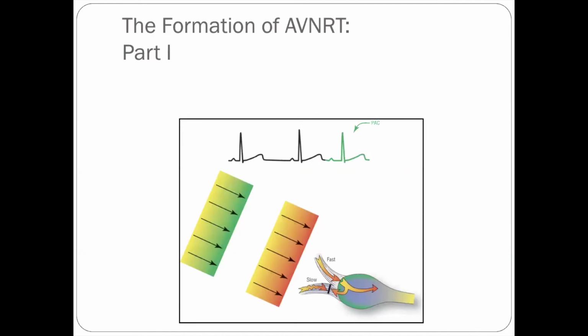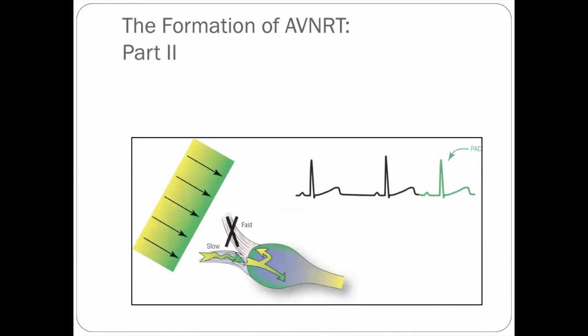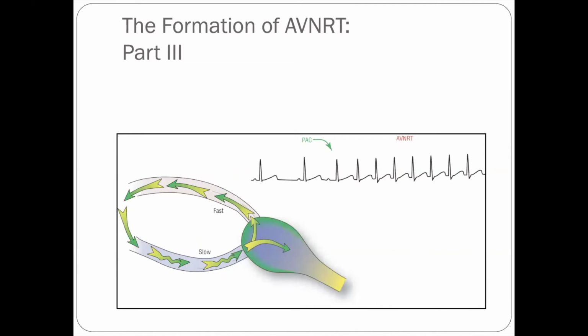Often it'll be initiated by a PAC. A PAC will come and fire, and when that PAC fires, it mixes up the refractory periods that are happening in these areas and creates the opportunity for that PAC to then move and get control of this particular cycling within the AV node.